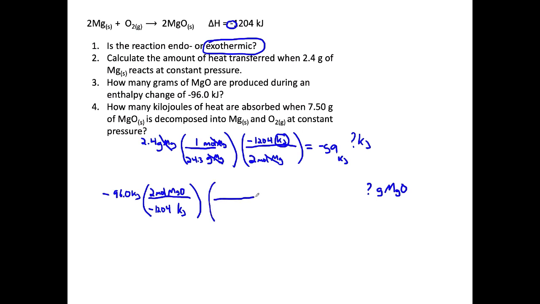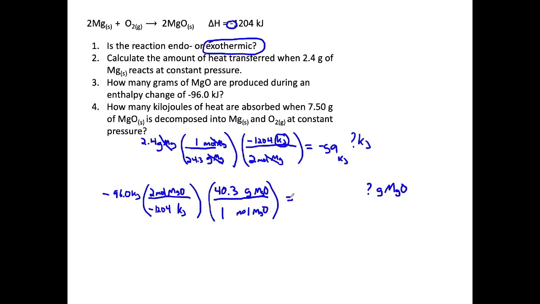All right, now the problem asks for grams, so I'm going to go from moles MgO to grams MgO here. All right. In 1 mole of magnesium oxide, we need to calculate the molar mass of MgO. So we've got 24.3 from the magnesium plus 16, and so this is going to be 40.3 grams.